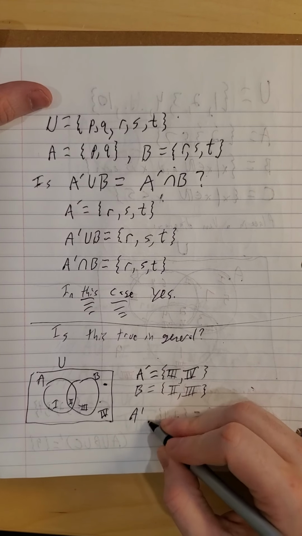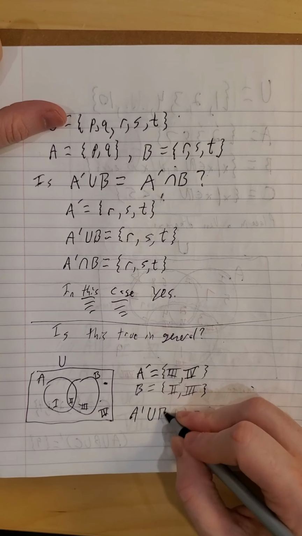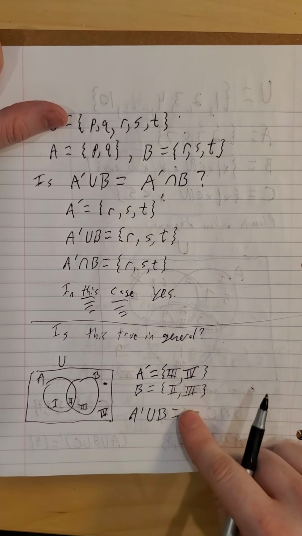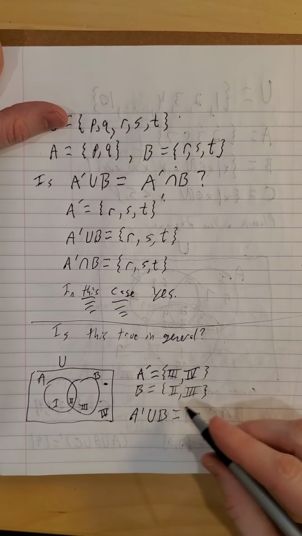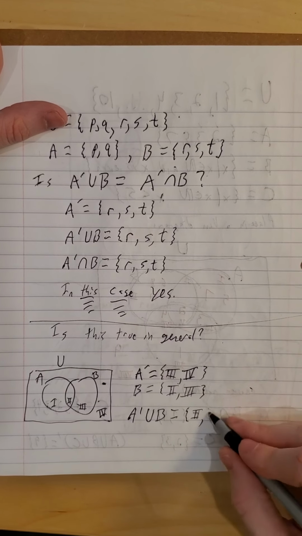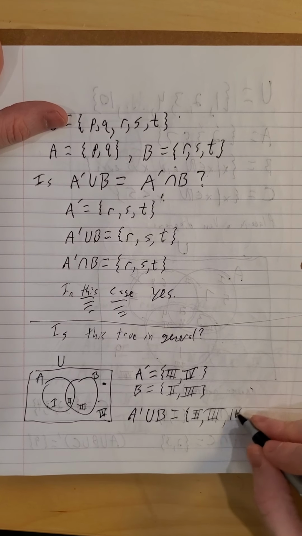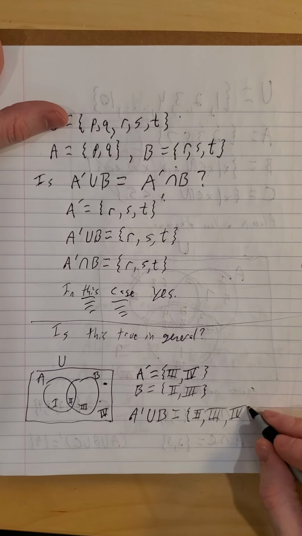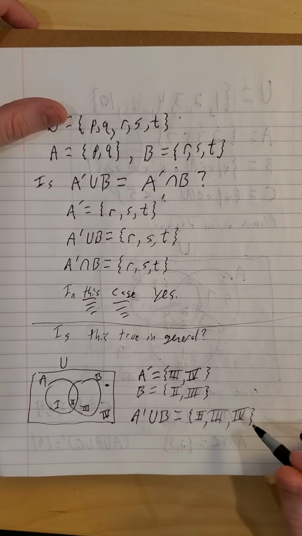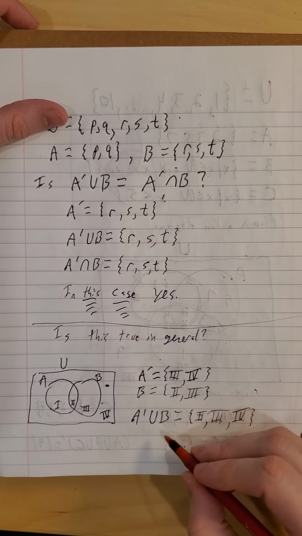So A complement, we did the union first. A complement union B. Union, if it's in one or the other or both, we get to keep it. So because of the B, we get to keep region 2. They both have a 3 to contribute. We'll hang on to that. A complement, we got to keep region 4. So 2, 3, and 4 would be in A complement union B.